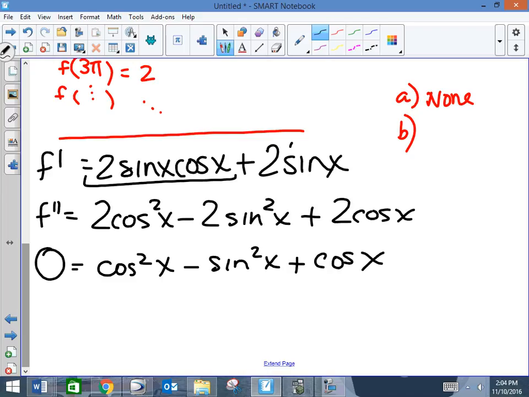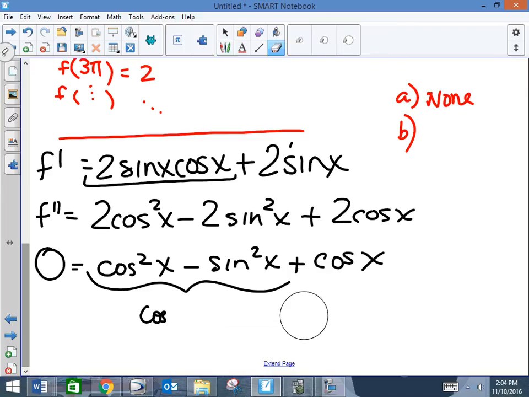Can you combine cosine squared x and negative sine squared x? Yeah, cosine 2x. That's correct, though I don't know that I would do that. Sometimes you think of something and you're like, will that help me? Not really. Okay, so what else could we do?